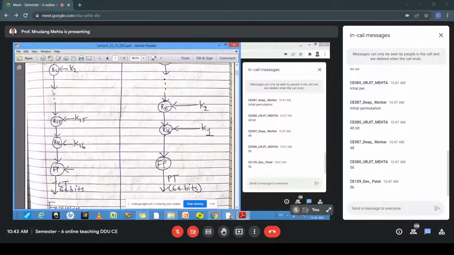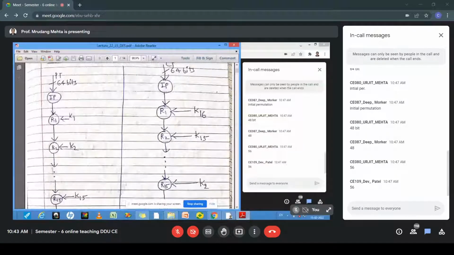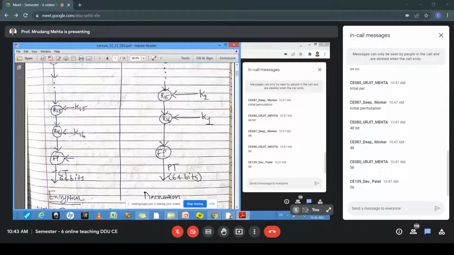So we have this 48-bit key and the round function is applied, and after round 16 the 64-bit output goes through the final permutation and generates ciphertext of 64 bits.